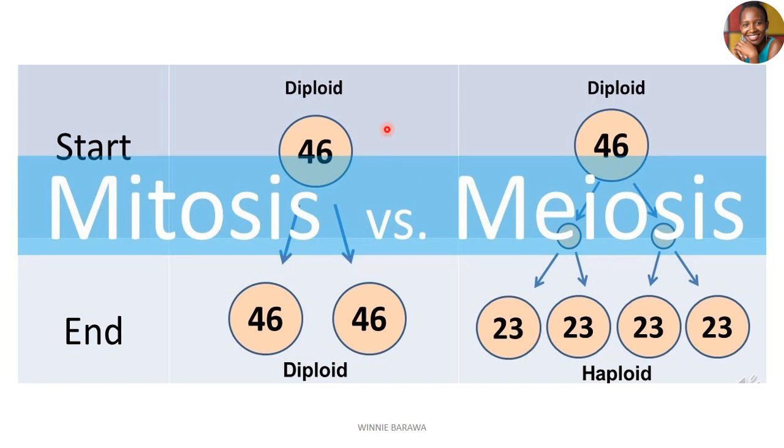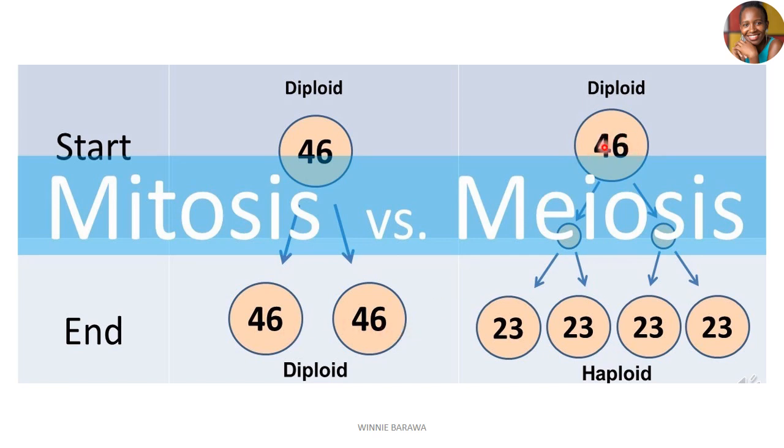In the beginning, the cells all begin with a chromosomal number of 46 chromosomes. This cell will go through division either by mitosis or by meiosis. In mitosis, the daughter cell will have the same diploid number just like the parent cell. So the parent cell starts with 46 and the daughter cell will also have 46.